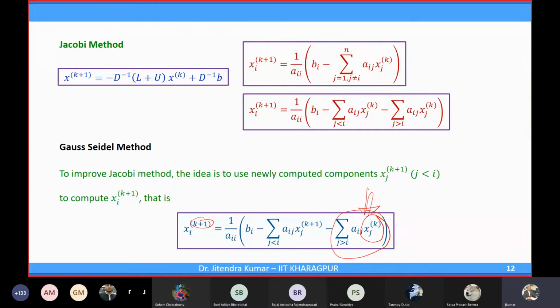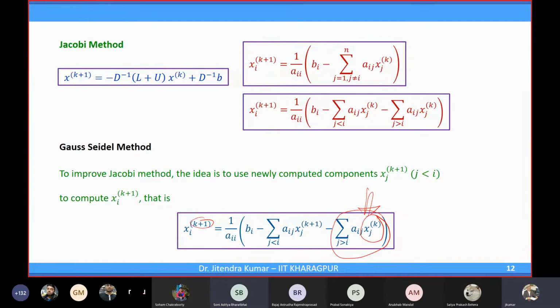So you are done with all computation in one particular iteration, and then we go to the next iteration. This is not just a one-time process; you have to keep on doing this.